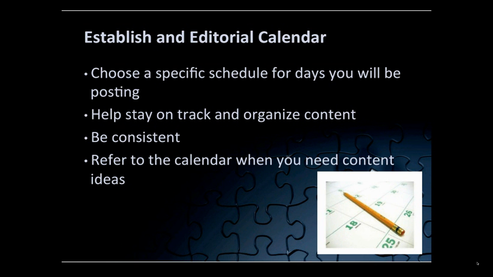You have to be consistent because your followers are going to expect to see new content on certain days, and they're going to get used to that schedule. And if they don't see it and you're inconsistent for a few weeks, they may unsubscribe. I've seen some people unsubscribe the first week they don't see it. So you have to be consistent. Refer to the calendar when you need content ideas as well.